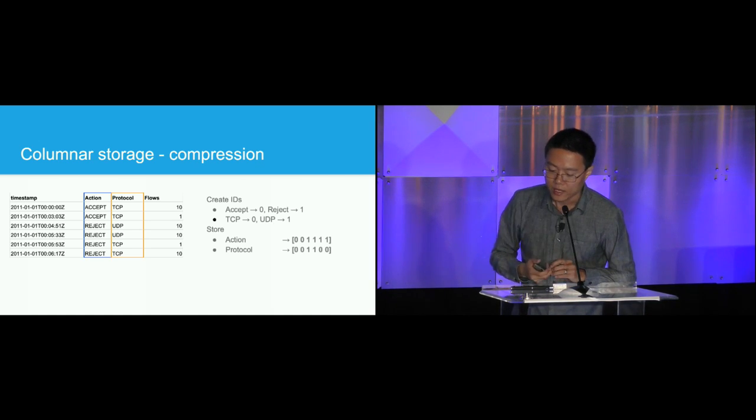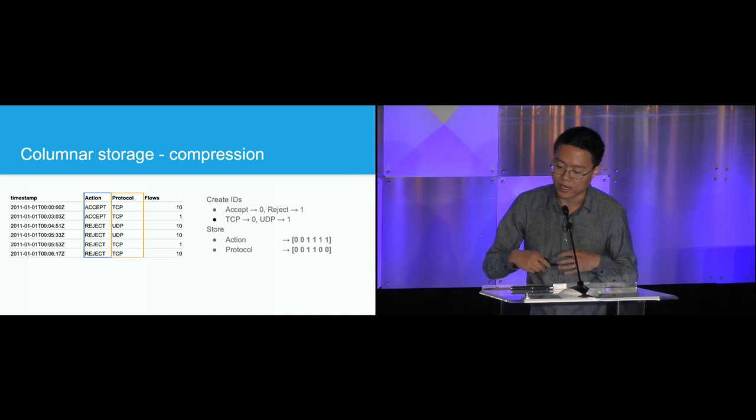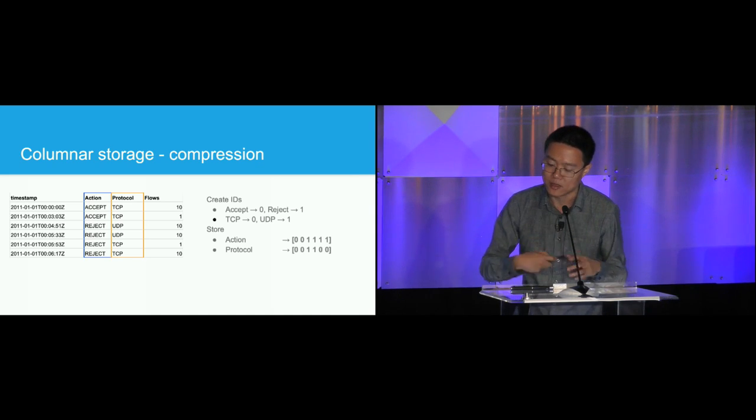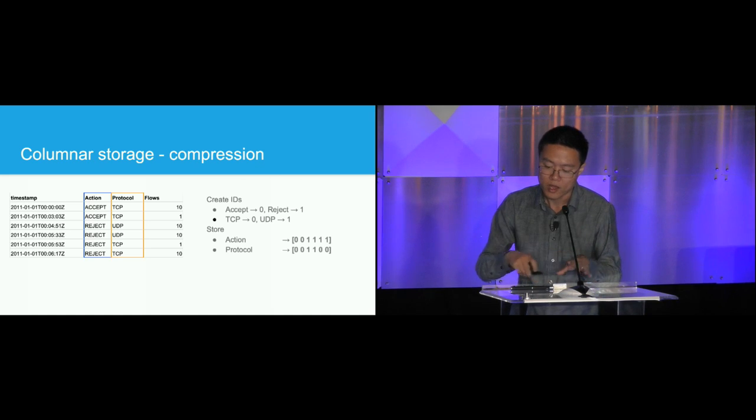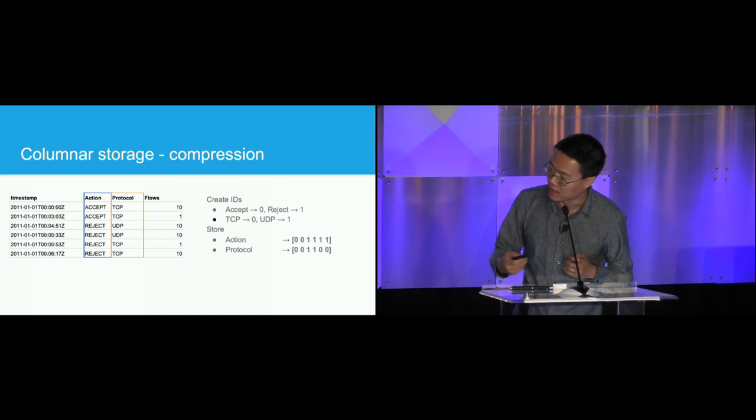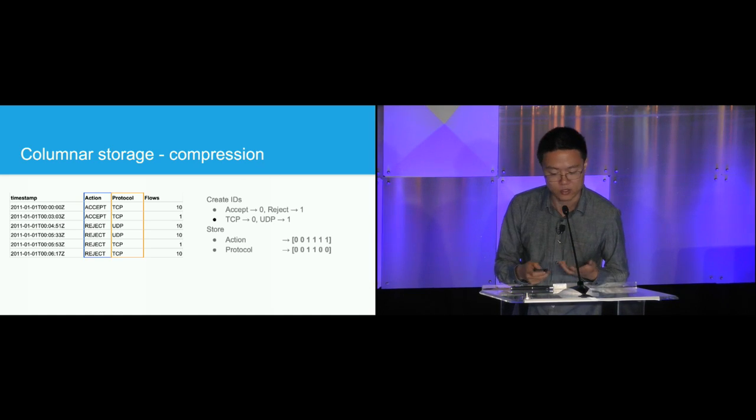And in terms of the protocol, TCP might get assigned to a value of 0, UDP gets assigned to a value of 1. So when we actually end up storing this data within our database, we're not storing these raw strings. What we're storing is integer encoded IDs. And then there's a lookup between the integer value and then the string value. And in practice, especially when you have a high cardinality dimension with a lot of string values, this can result in significant storage savings.